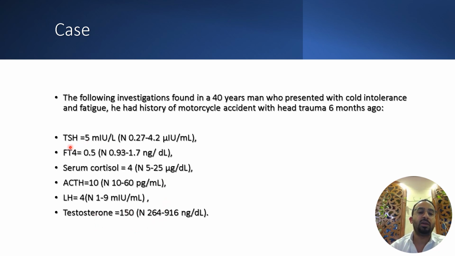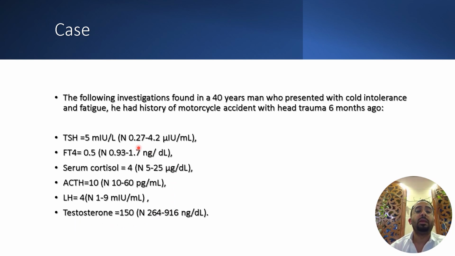So first, you can look here at these end organ hormones. The free thyroxine hormone is low, and the cortisol is low, and the testosterone is low. So we have hypothyroidism, and we have hypoadrenalism, and we have low testosterone levels, suggesting the presence of hypogonadism.